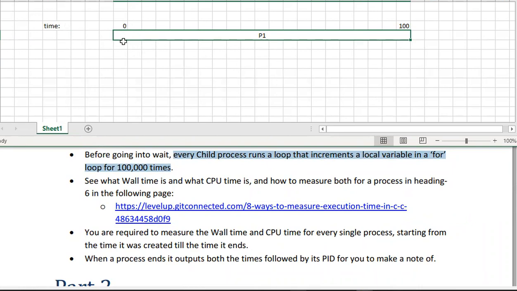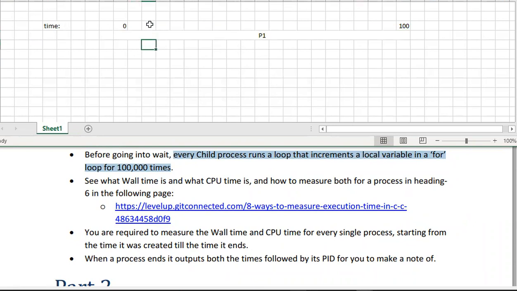So for example, this was time 10, when P1 went into wait for its child. Let's call the child process P2, right?